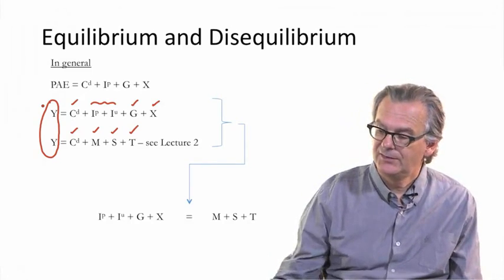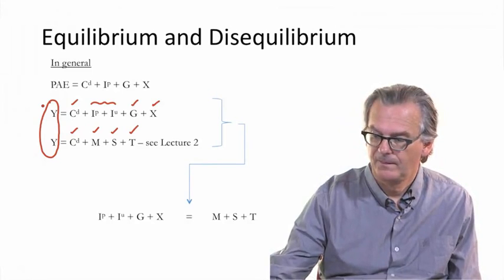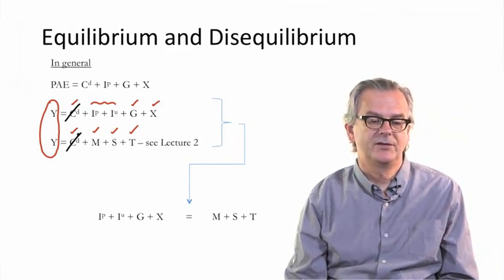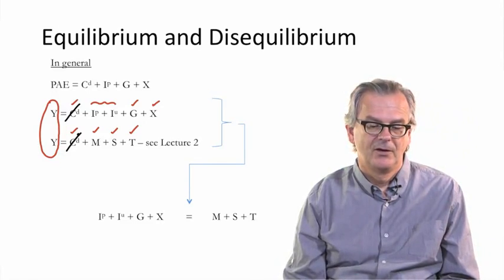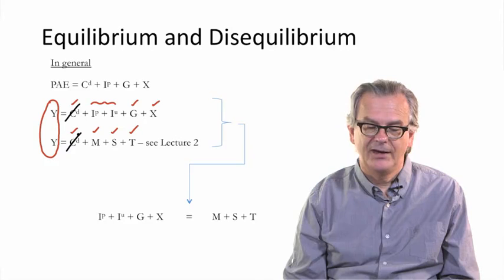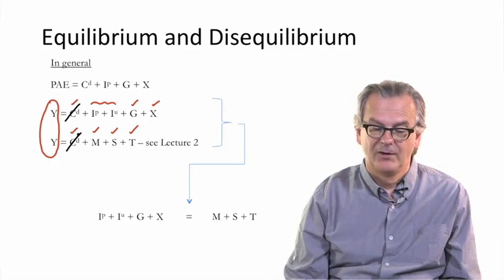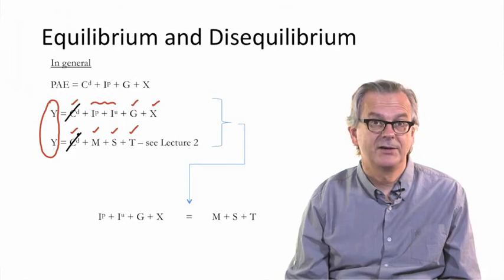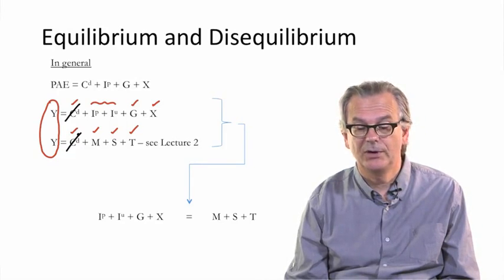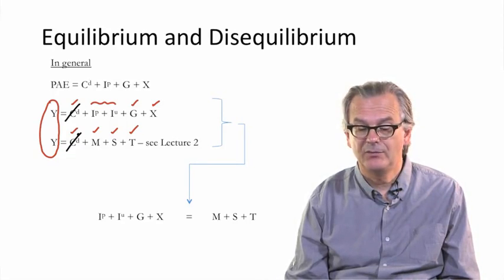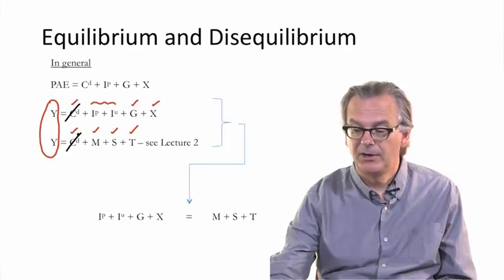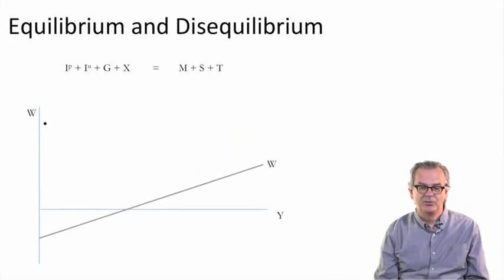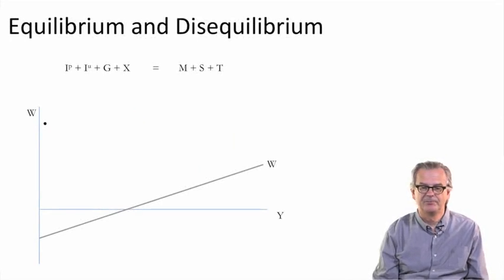So it must be the case, if we subtract consumption from both of those expressions, that in general we have the following circumstance, where the economy's investment, both planned and unplanned, plus government expenditure, plus exports, must always be equal to the economy's imports, plus saving, plus taxation. Now let me work with that for a moment, and you'll see why this is important very shortly.